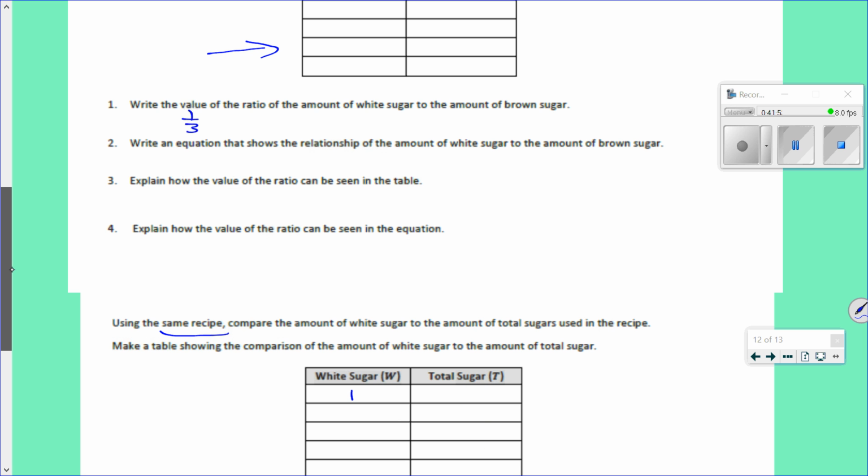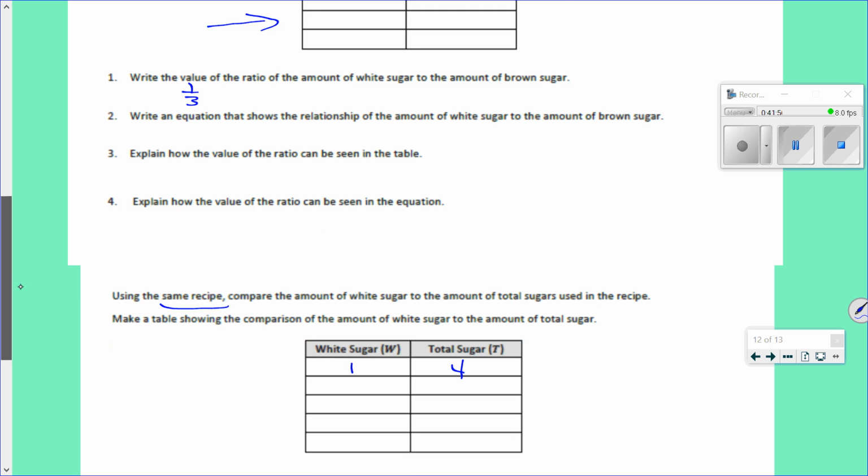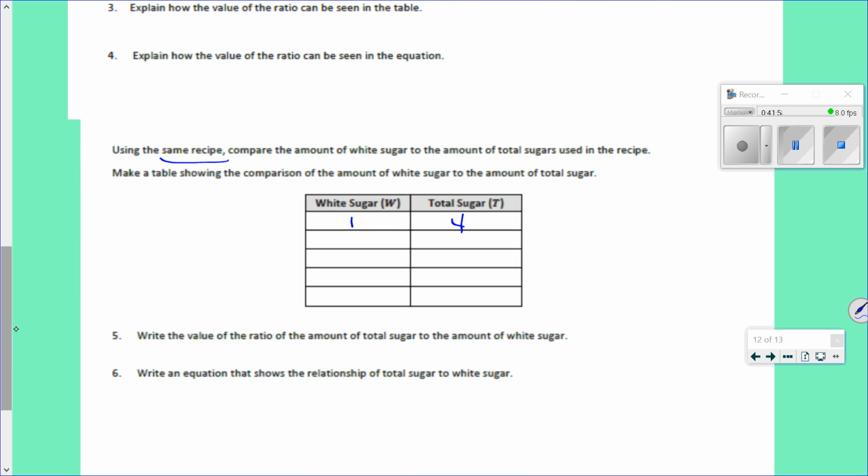So that should now give you how to build your second table. Questions are very similar. So the value of the white, make sure you pay attention to the order. It says value of total sugar to white sugar, meaning I'm going this way with my 2 numbers, putting them in fraction form. And then, again, your equation, total sugar to white sugar. Make sure you write the equation in the correct order.